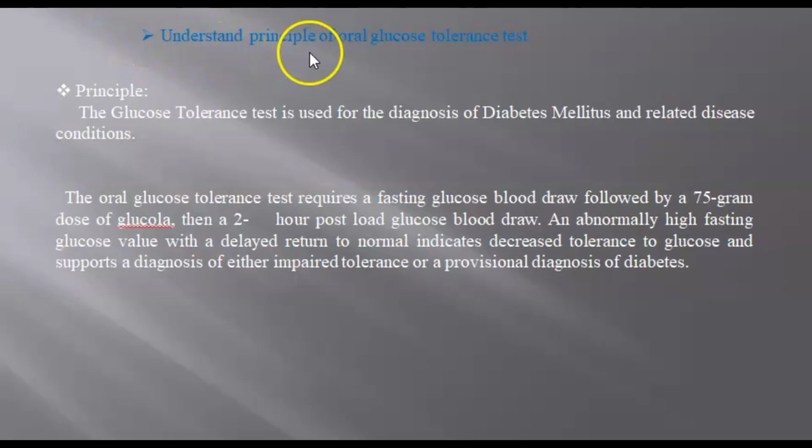Now we'll be looking at the principle of the oral glucose tolerance test. We have earlier established that the glucose tolerance test is used for diagnosis of diabetes mellitus and other related diseases.